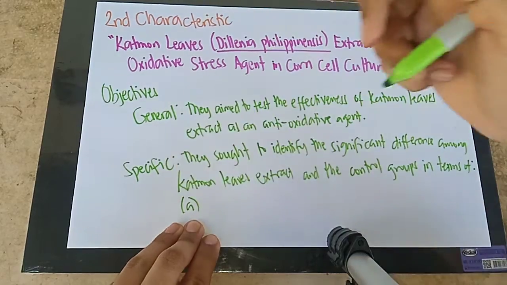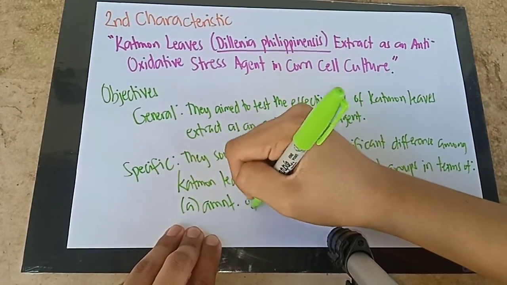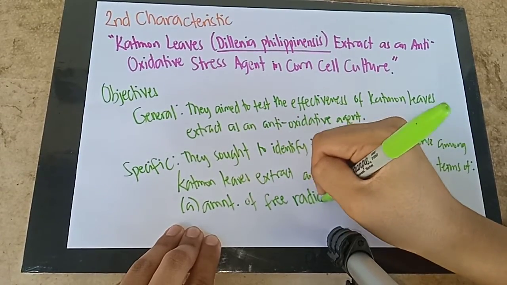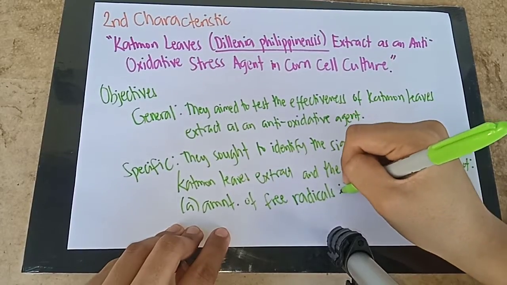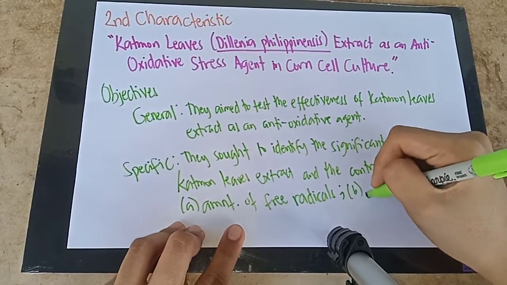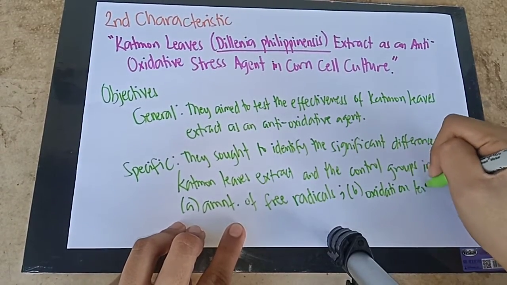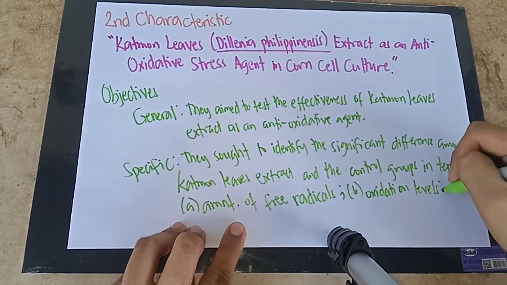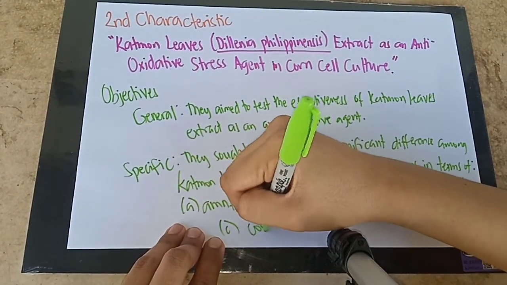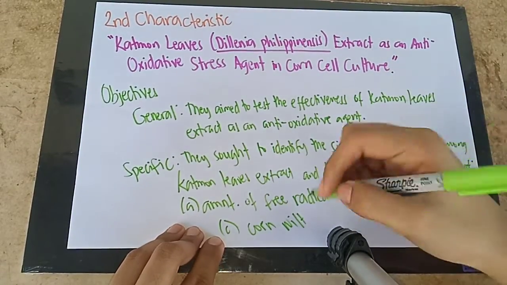A, amount of free radicals. Then B, let's say oxidation levels. And C, we have corn wilt, let's say radius.